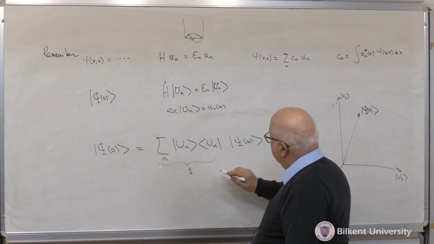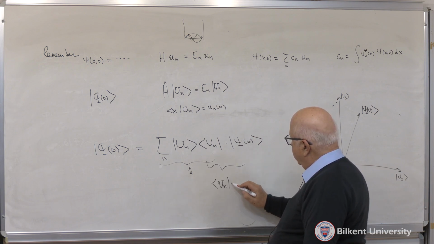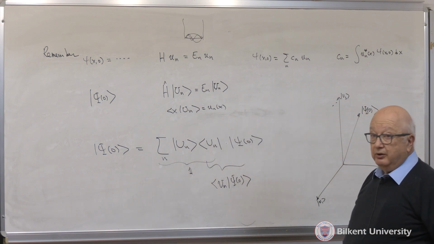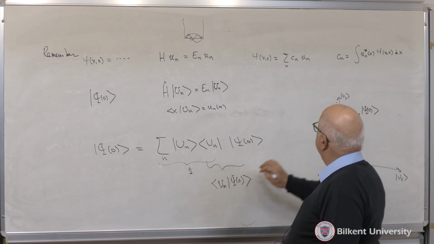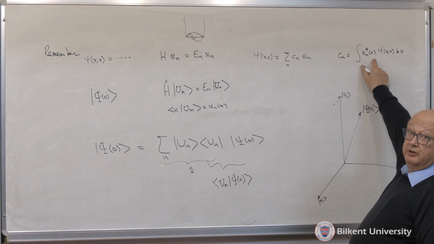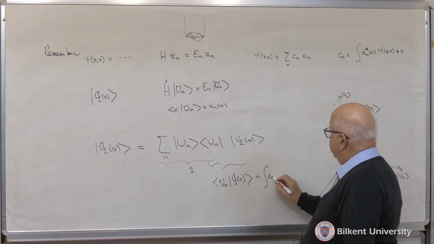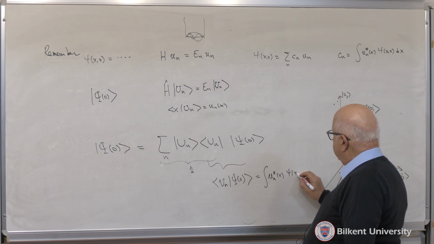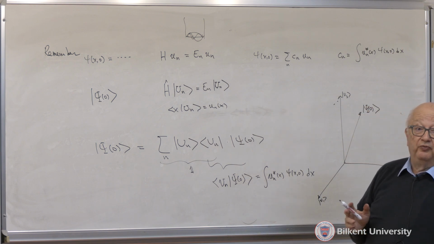So this is now the inner product of this un with psi 0. So what is that? Exactly what I have here, right? It's going to be the integral of un star of x psi 0 of x dx. Those are the expansion coefficients.